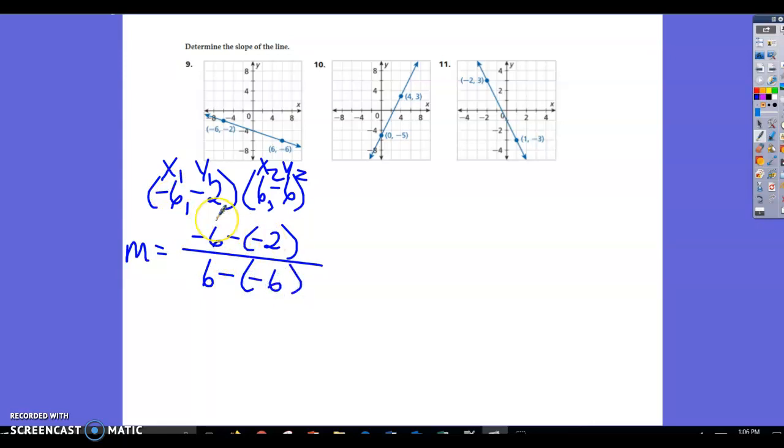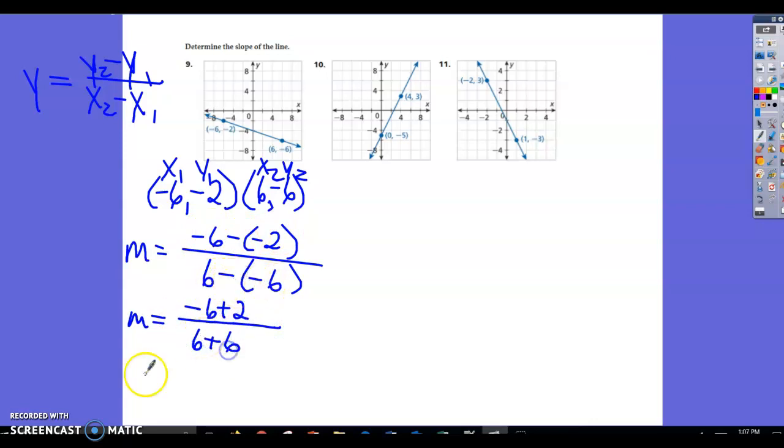And again, m equals y2 minus y1 over x2 minus x1. So it has a negative in the equation. When you're subtracting a negative number, like right here, that becomes positive, remember. So m equals -6 plus 2 over 6 plus 6.